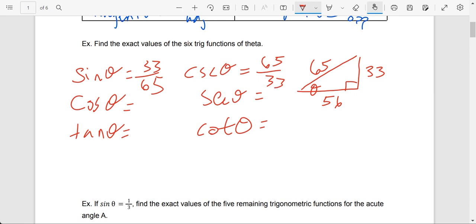Cosine theta, adjacent over hypotenuse, so 56 over 65. Then flip it for secant. Tangent, opposite over adjacent, so 33 over 56. And flip it for cotangent, 56 over 33.